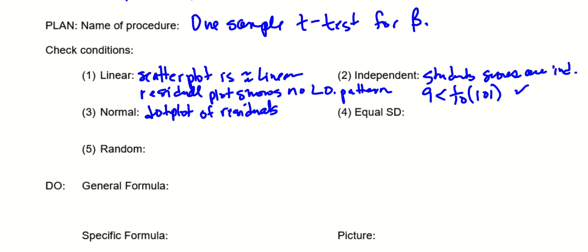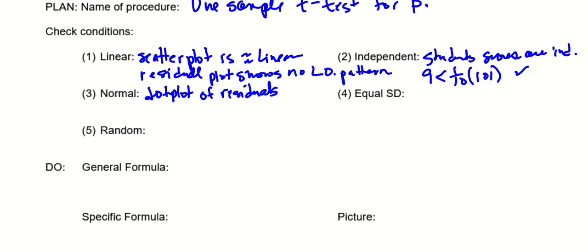So our dot plot of residuals has no strong skew or outliers.